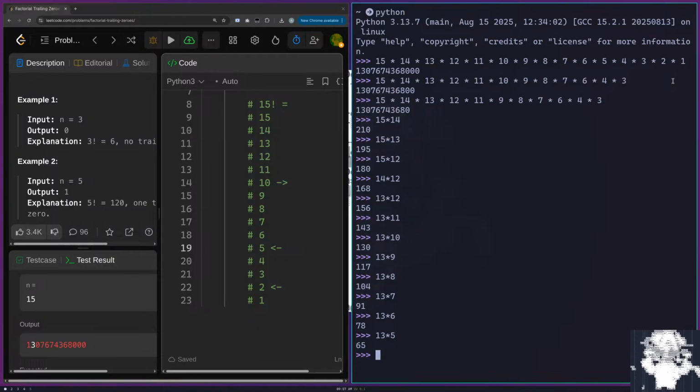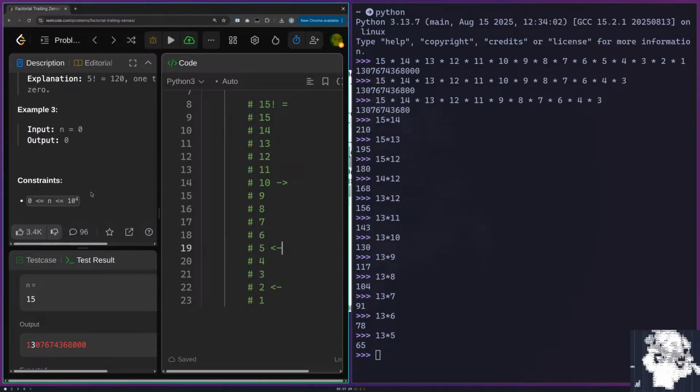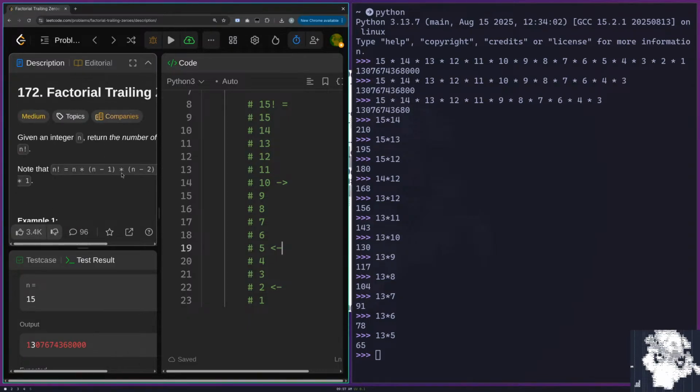I guess I don't actually know what the challenge of the question is. Oh, no, I do, because it says here, could you write a solution that works in logarithmic time complexity? Logarithmic in the size of what? The size of n?